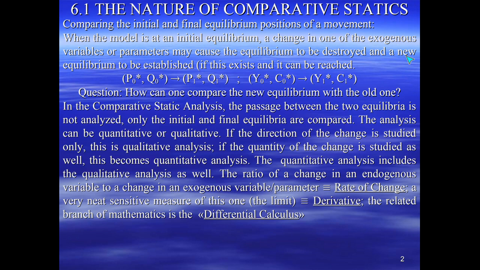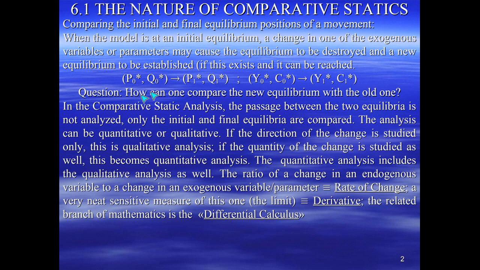When we are in an initial equilibrium position, one or some of the exogenous variables or parameters may change, and as a result of this change, the initial equilibrium is destroyed, and if it exists and it is possible to reach it, a new equilibrium is established.